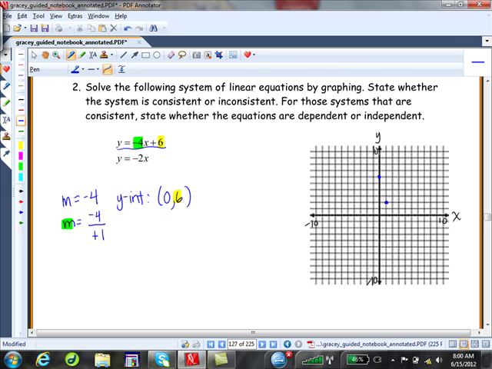So 1, 2, 3, 4 up, and 1 to the left is also equivalent. 1, 2, 3, 4, 1 to the right. I don't like how that ended up.